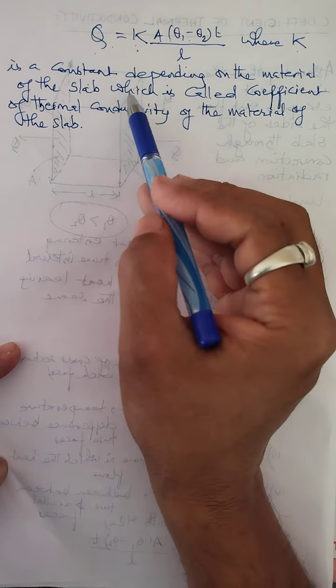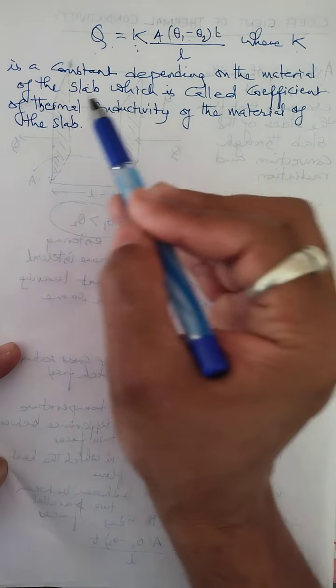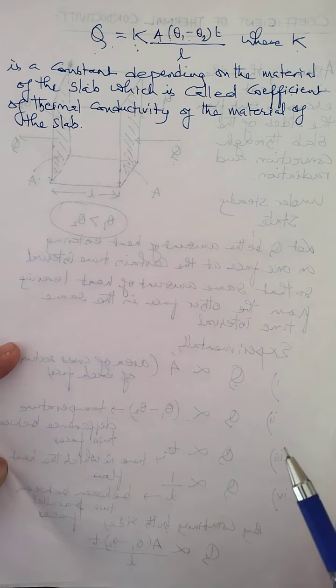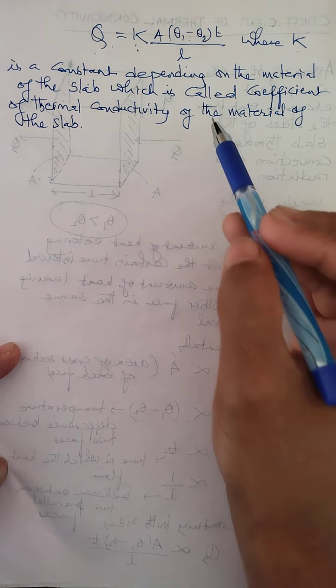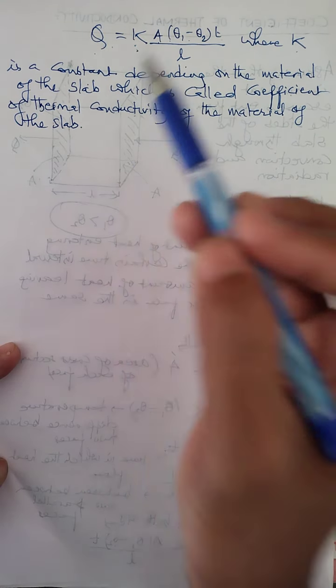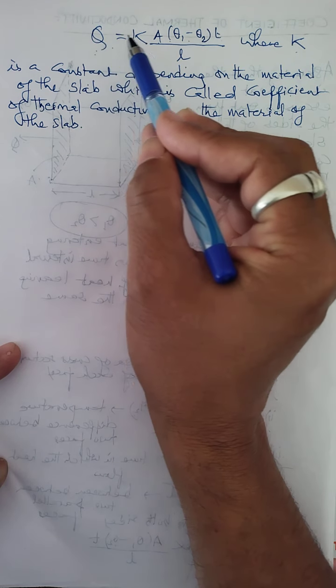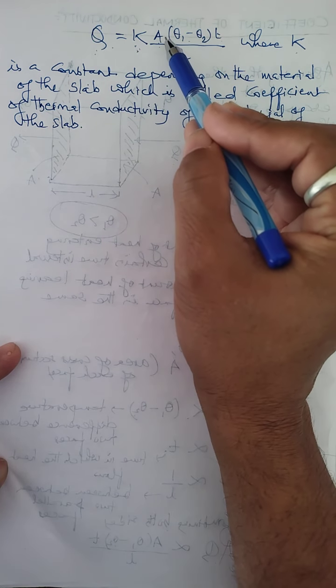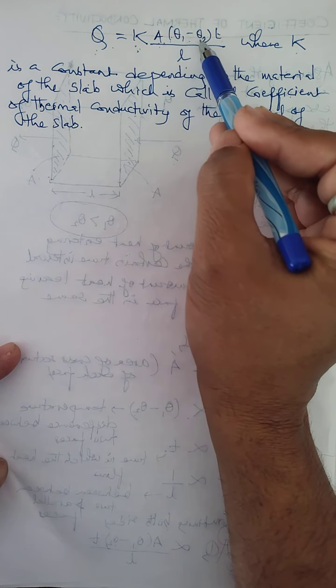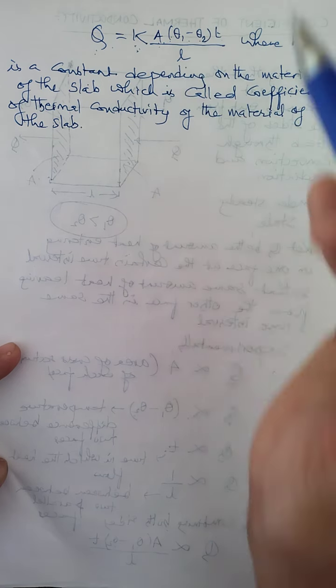And this particular constant is called the coefficient of thermal conductivity. So children, the coefficient of thermal conductivity of the material of the slab can be expressed by the relation Q equals to K A (θ1 minus θ2) T by L, where A means area cross-section.